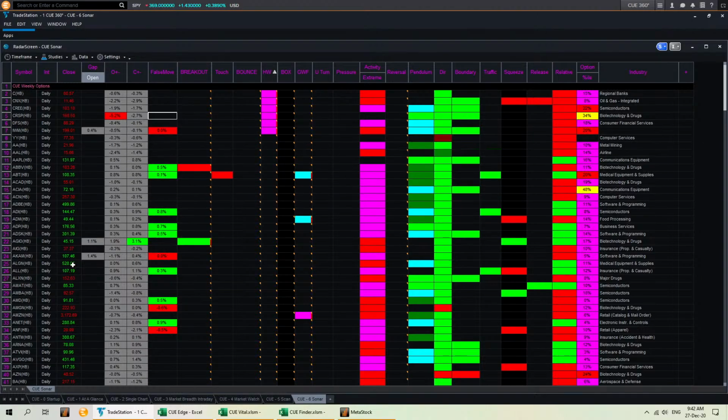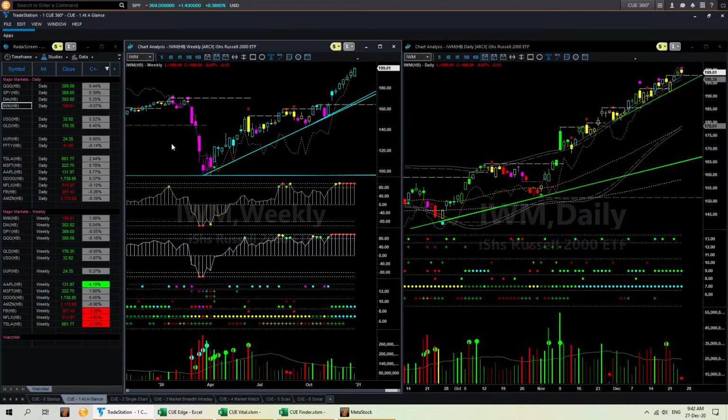Sometimes I may look at the weekly period for the market ETFs, as you can see on my Q at a glance template. On the sideline, I have the market ETFs here, then the two commodities, oil, gold, then US dollar ETF, UUP, FFTY, the IBD 50 ETF.